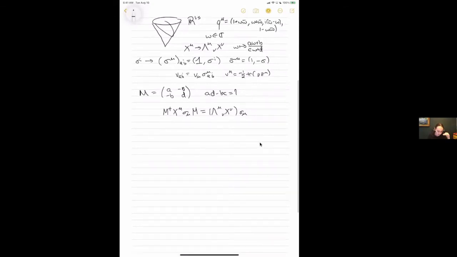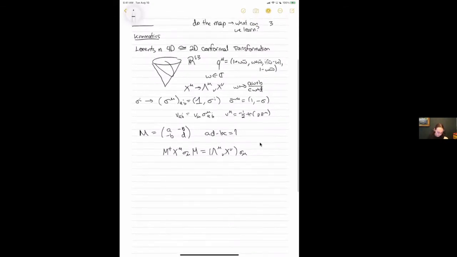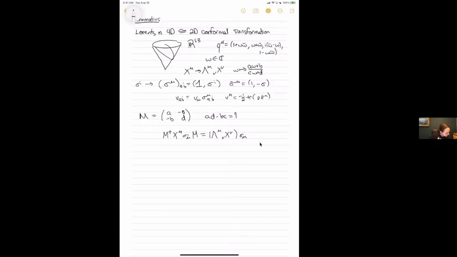But the point I want to mention now is that if we took the point of view of 4D Poincare transformations, the Lorentz transformations are isomorphic to the global 2D conformal transformations. In 2D, normally we would have local conformal transformations.